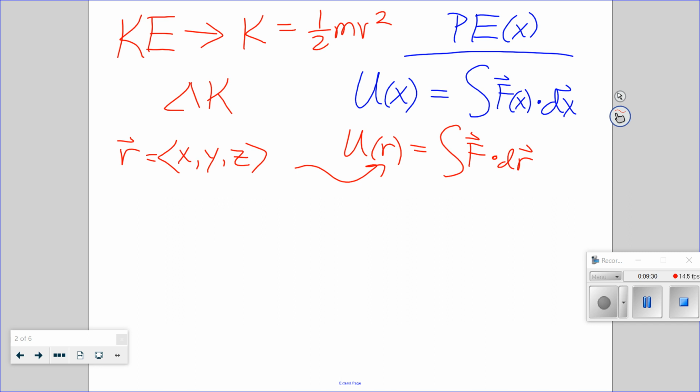But this actually means, by the fact that these are vectors, and this is what F dot dr means, it means the force in the x direction, dx, plus the force in the y direction, dy. Everything is separated by components. That's what the dot means. And the other one is cross.